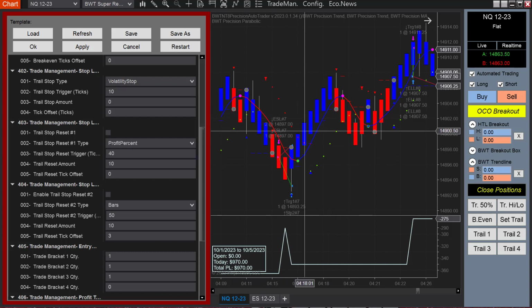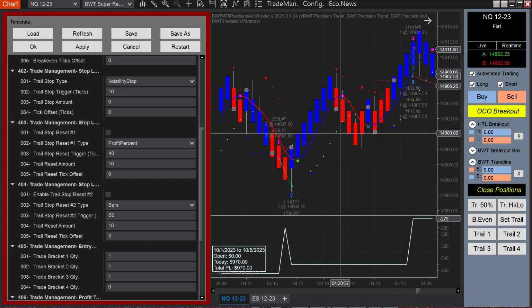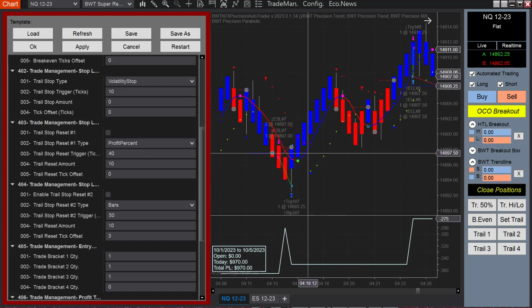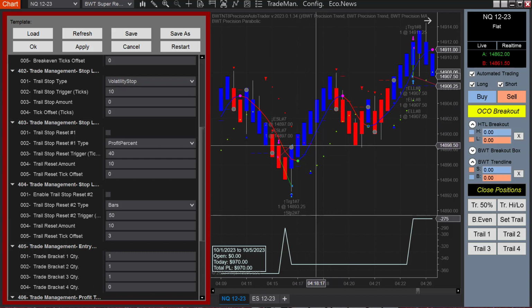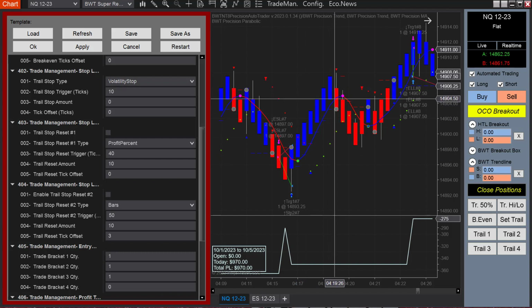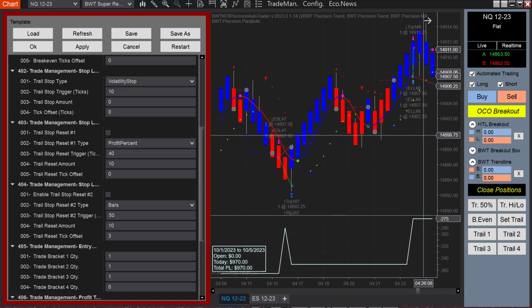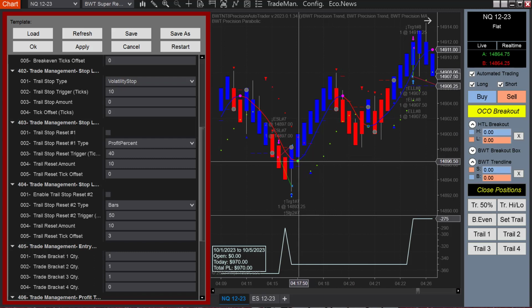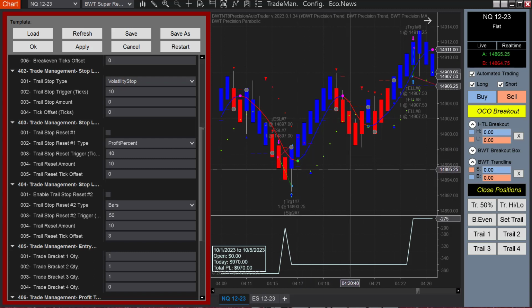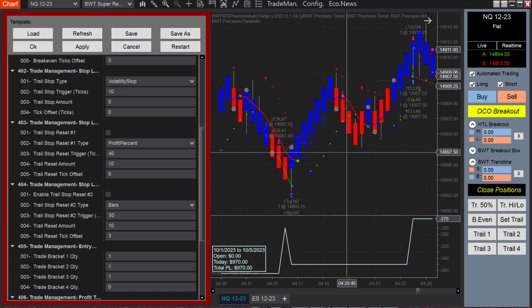And we have really effective tools for doing that. In the next version, I want to make a moving average as a trail stop. So a trigger below the moving average can be a trail stop. And we have a new moving average that's better than the simple moving average, and that's going to be in the next version.